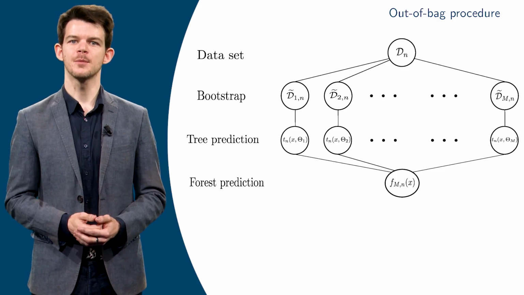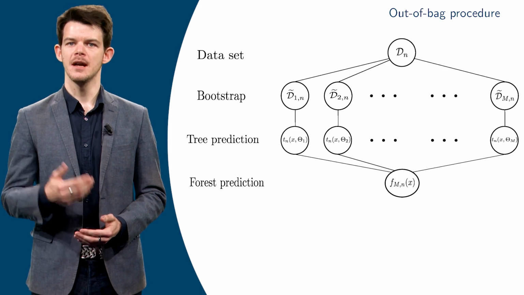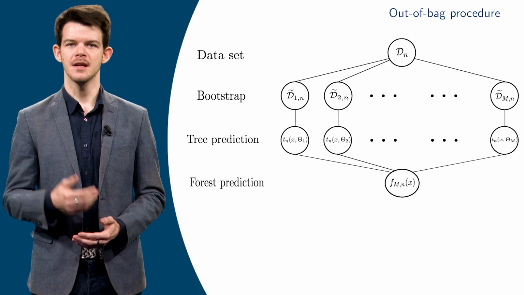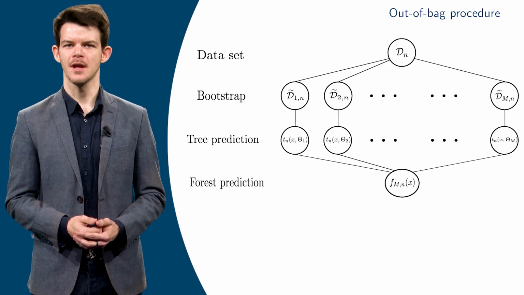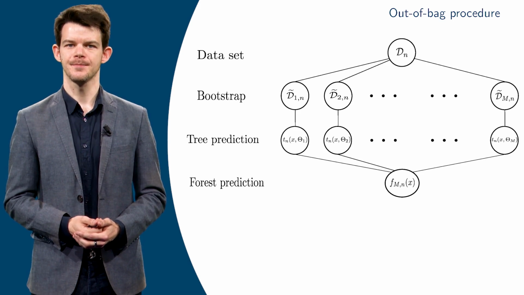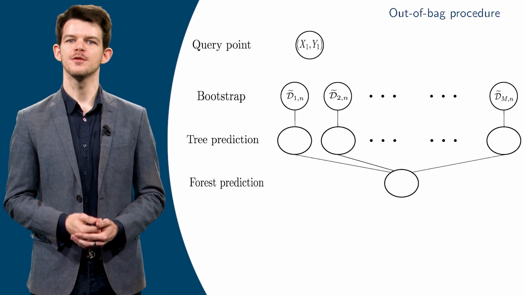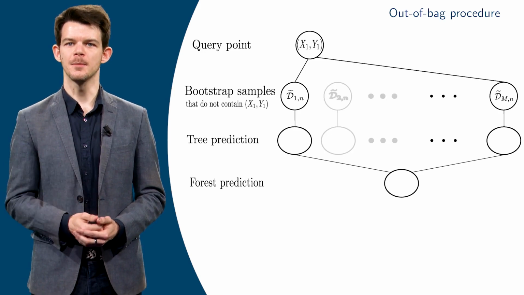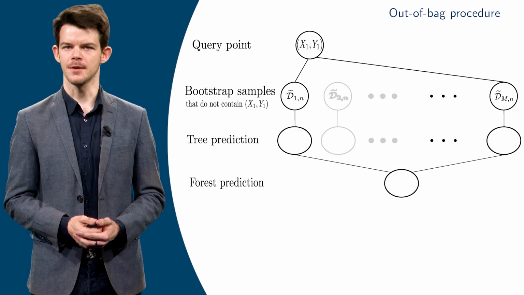Here is how the out-of-bag procedure works in pictures. Let us imagine that a forest has already been trained on the dataset Dn. Here is a diagram of such a forest. Now, consider the first observation of the dataset Dn. Consider the bootstrap samples of the forest not containing this observation, for example the first bootstrap sample, some others, and the last one.